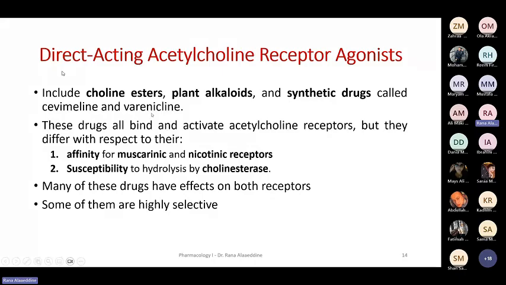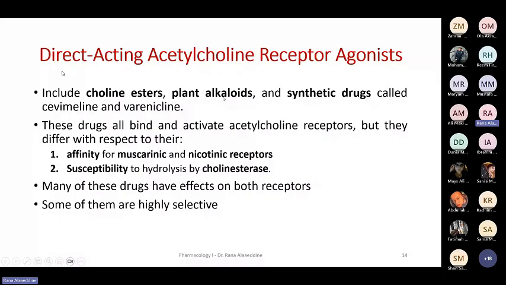We have to agree on a few things. The number one thing is that we talked about those as acetylcholine receptors, so the next question is, do these drugs act on muscarinic receptors or on nicotinic receptors?